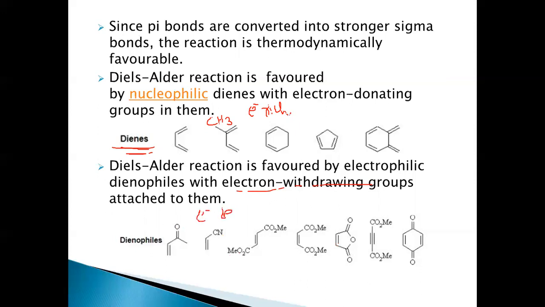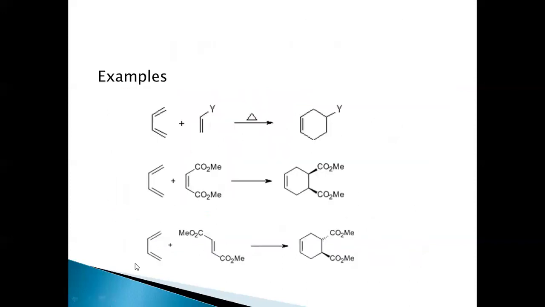So the Diels Alder reaction is favored with dienes having electron donating groups, and dienophiles with electron withdrawing groups are favorable for the reaction to take place. And this is a thermodynamically favorable reaction because two new sigma bonds are being formed and pi bonds are converted into these stronger sigma bonds compared to the pi bonds. The sigma bonds are thermodynamically favored bonds.